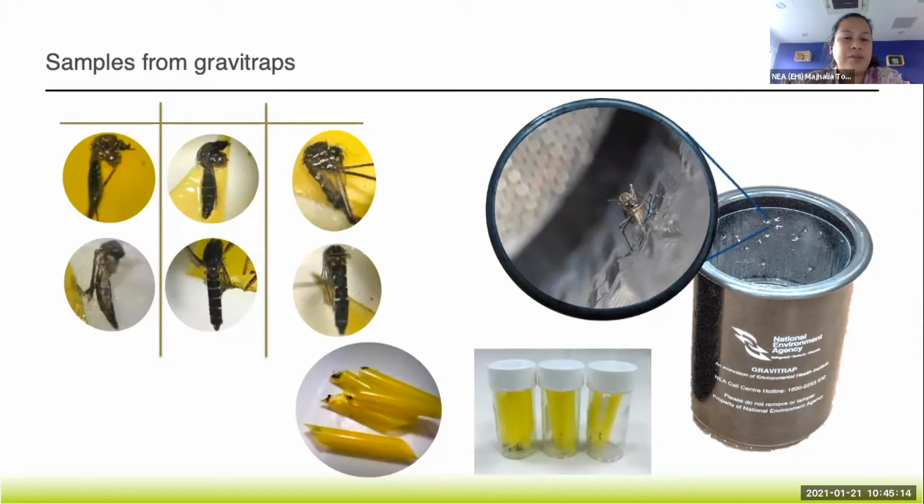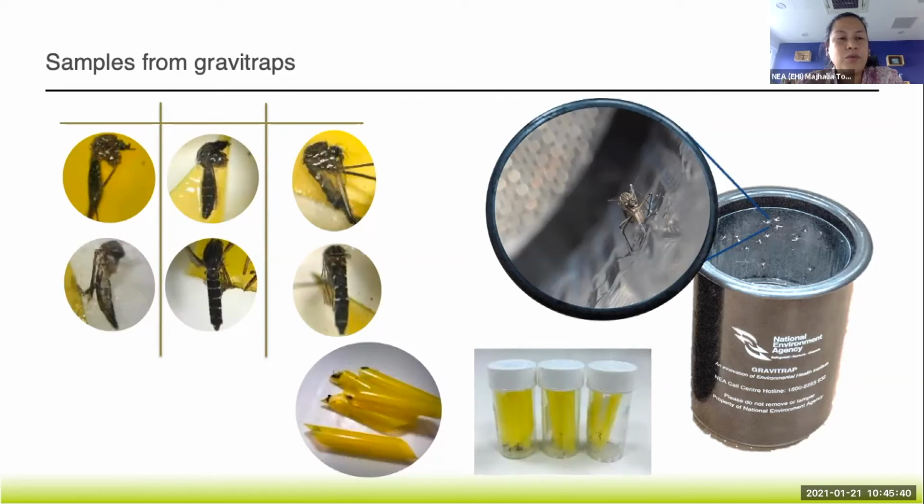So, for the first column, what is your guess? These are 3 different species. What is your guess for the first 2 samples? All of them are Aedes at least. Okay, one mentioned aegypti. That is true.